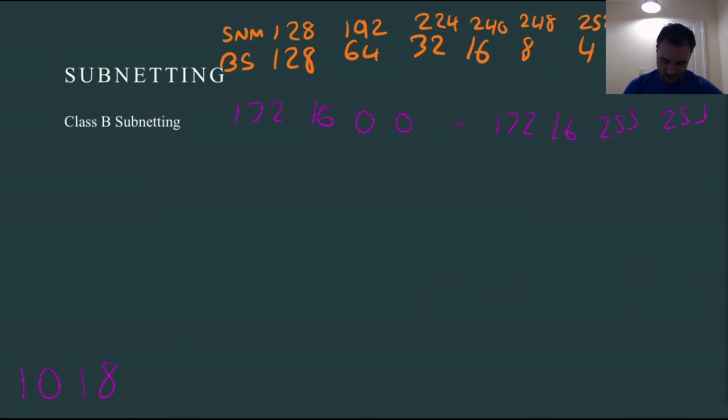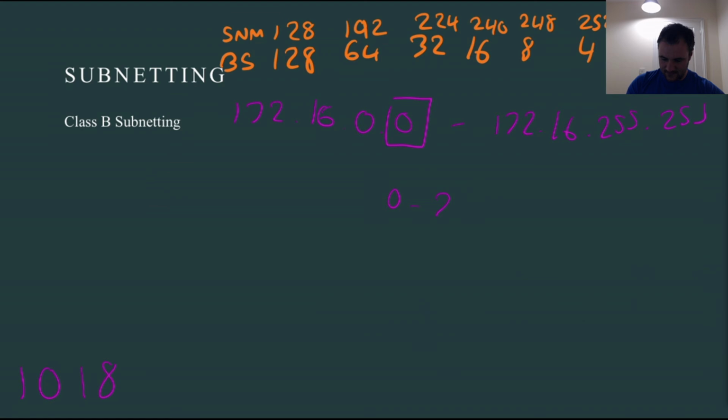So if I'm playing with class C, if that goes from 0 to 255, then this will change to a 1. So then it will be 1.0, the next starting point. Then that goes to 255, and then that goes to 2. So it increments, but we can only play with this section because of the host bits and network portions.